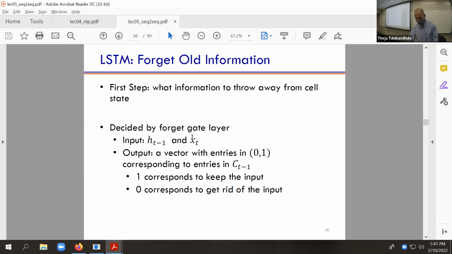Basically, we throw away some information in the cell state vector, and how do we do that? We have C_t, which is what we want to change. That's like the V in our example. We have a gate to control it, but what's the input of the gate? The input is as simple as the previous hidden vector and x_t.